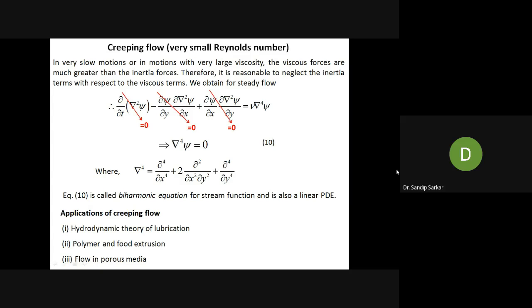What do you mean by inertia term? Sir, the second and third term. Exactly. So in the Navier-Stokes equation, you should understand.